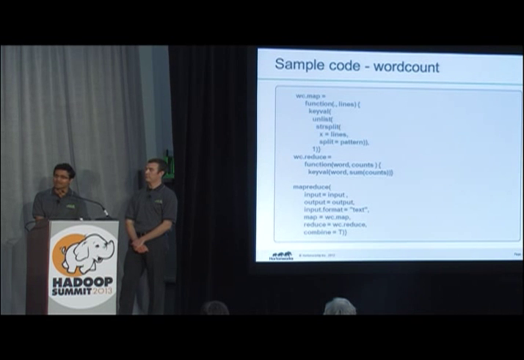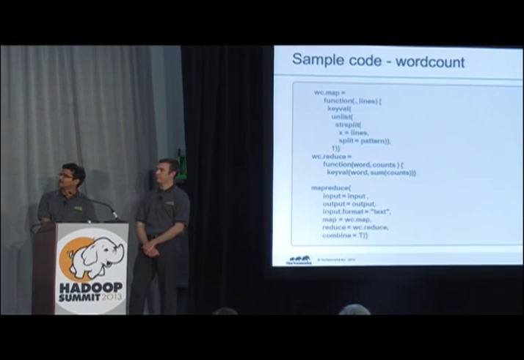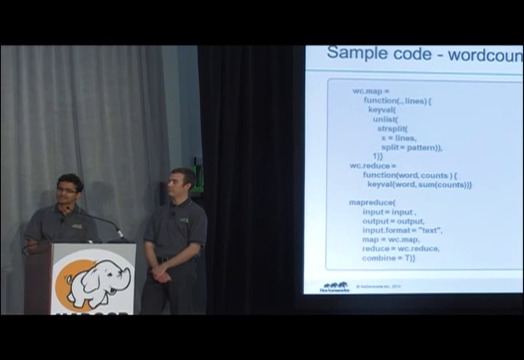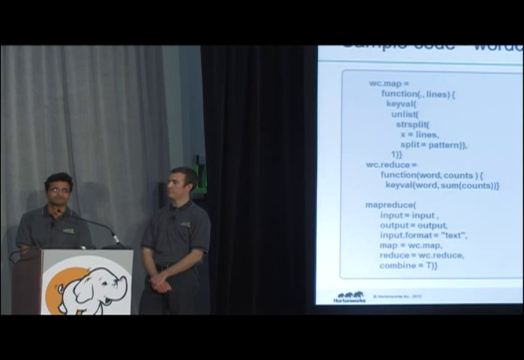Then you have a MapReduce which takes the input and the output. In this case, there's an input format, then a map, a reduce, and after that you can send a set of parameters. In this case, there's a param that says that combiner is true.